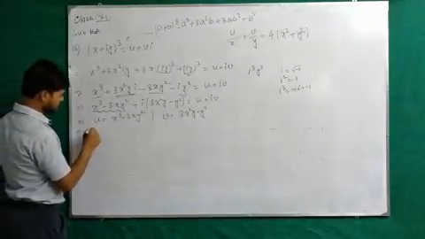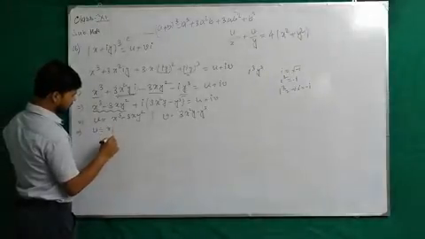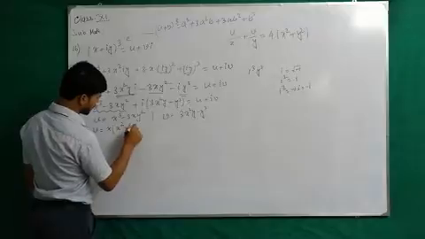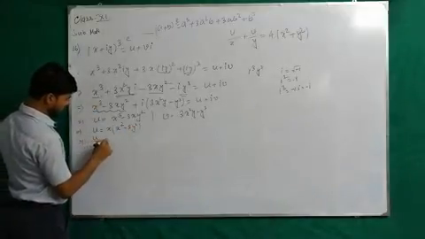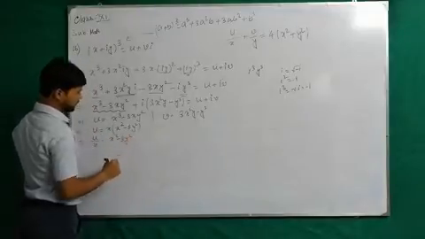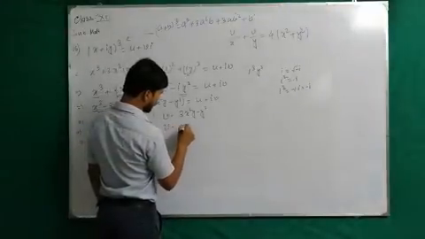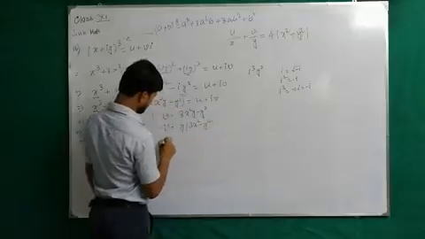From here we can write that u equals, if I take x common, x into x square minus 3y square. That means ∂u/∂x will be x square minus 3y square. And here if we take y common, y into 3x square minus y square.